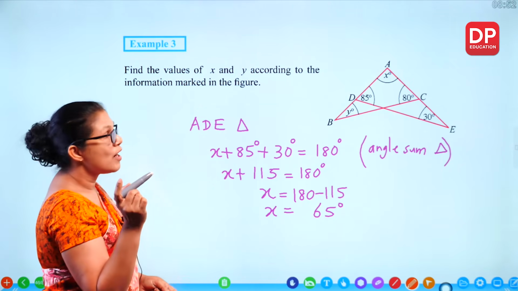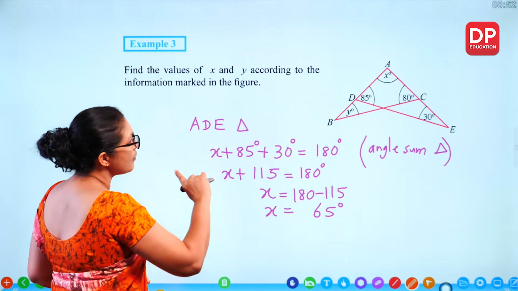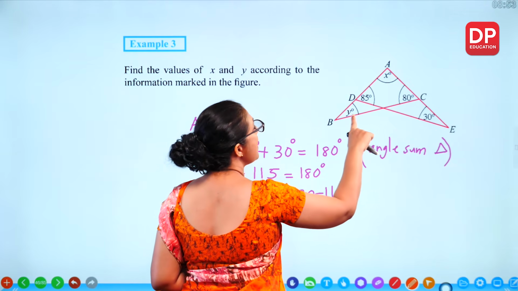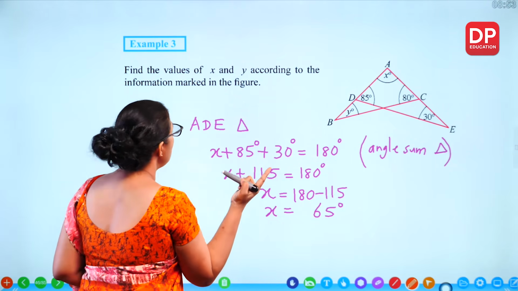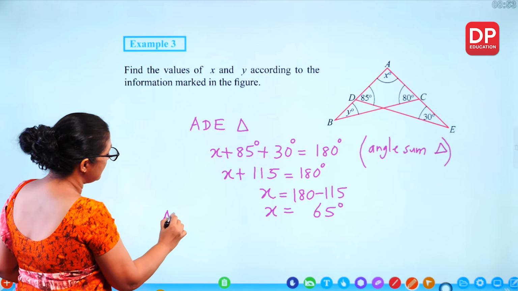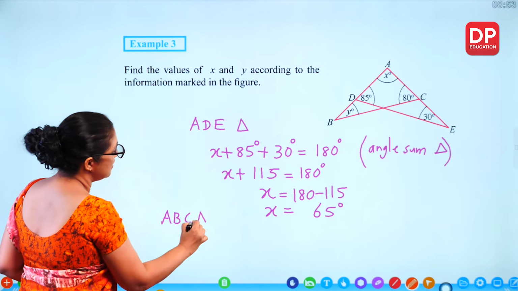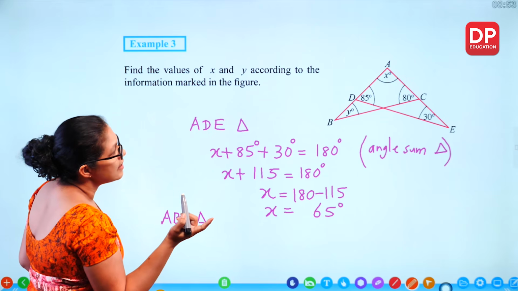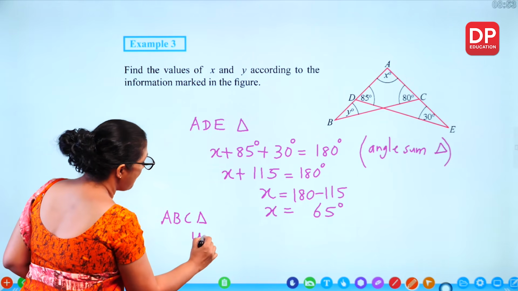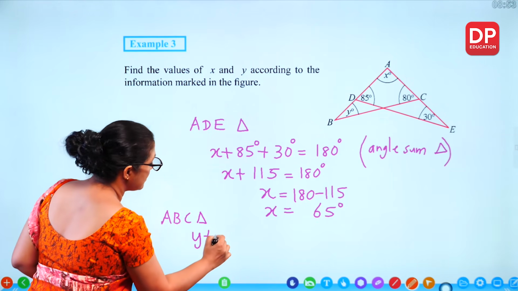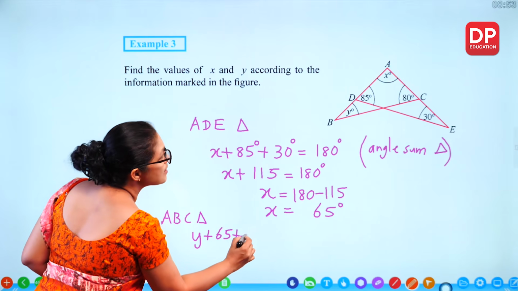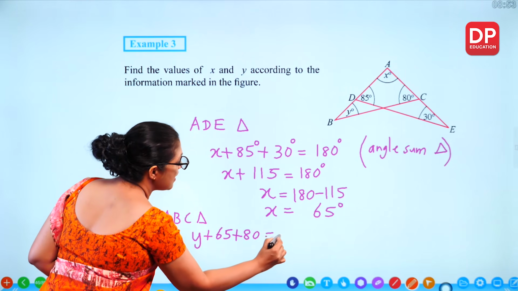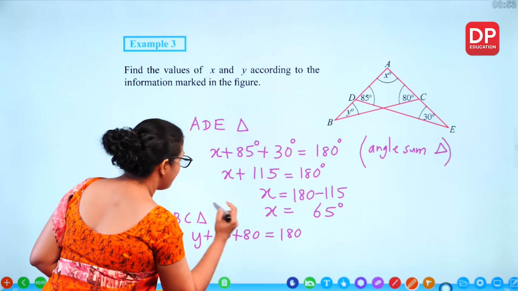Now we need to find out the y value. Now we can consider ABC triangle. When you take ABC triangle, the angle sum is also 180. So y plus x is 65 plus 80. That's equal to 180.